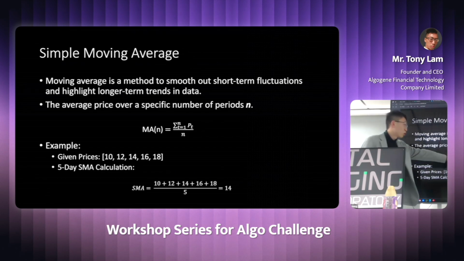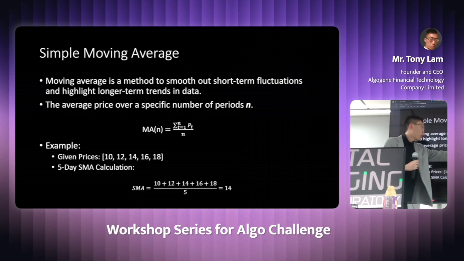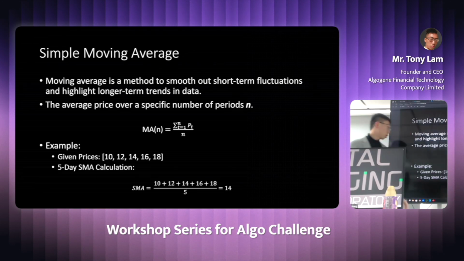So here is the formula. We need to define the period M. The most common choices in the market are like 7 day, 14 day, 30 day, etc. We calculate the average price for the previous M days. This idea is basically to smooth out the short-term fluctuation.